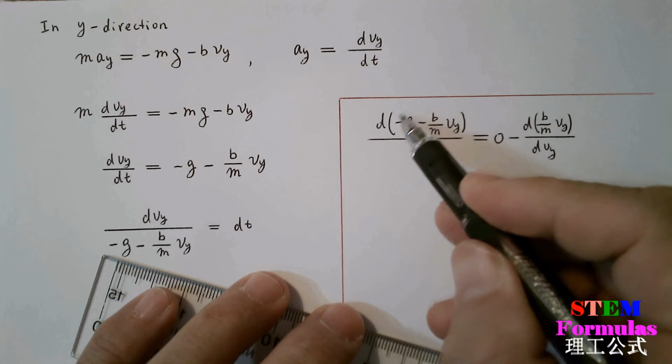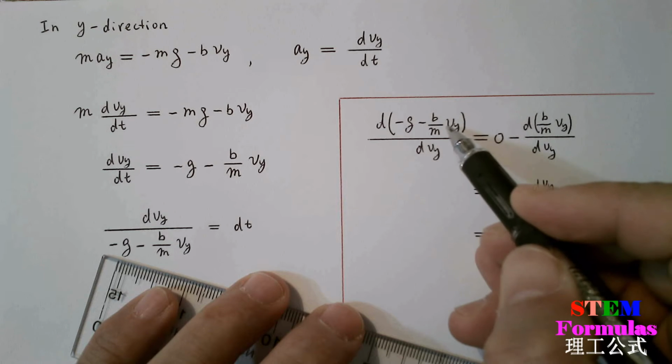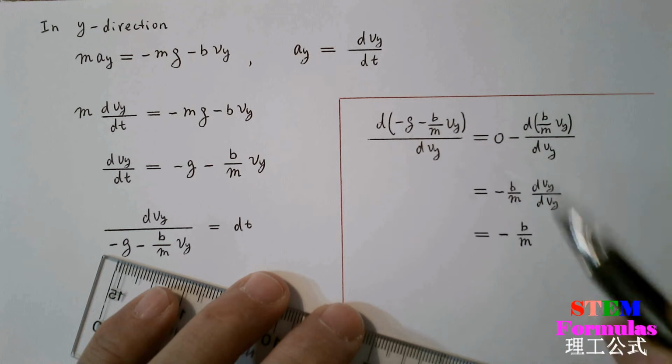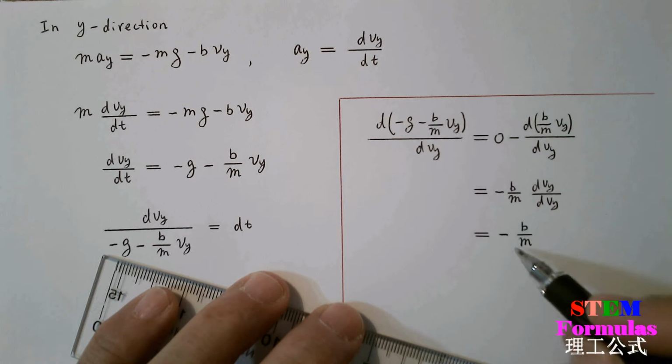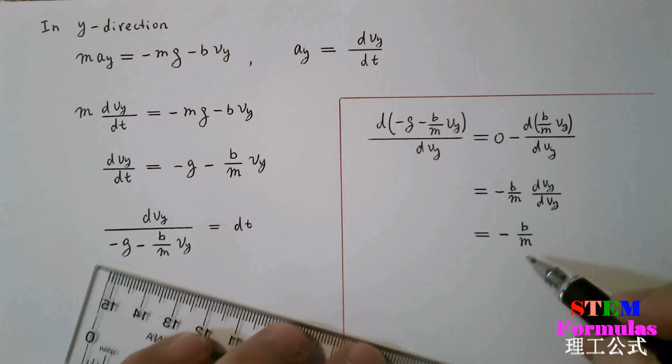So we just consider this as a function of vy, and then we take the derivative. So the derivative of this one equals minus b divided by m.